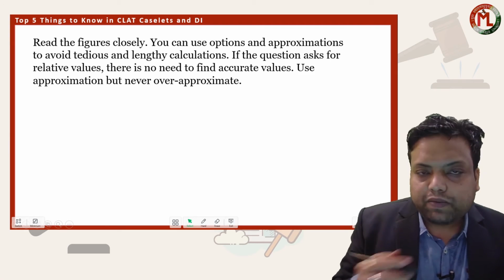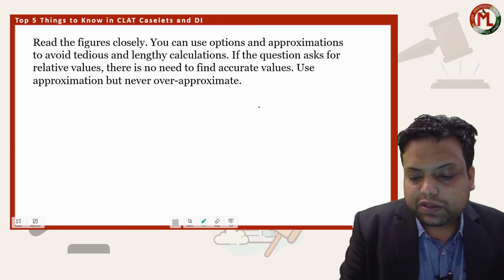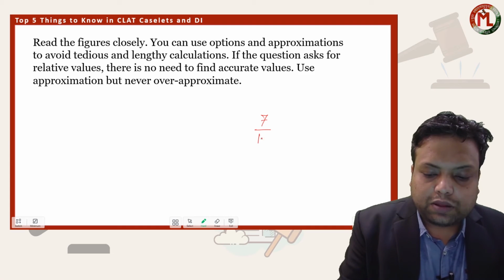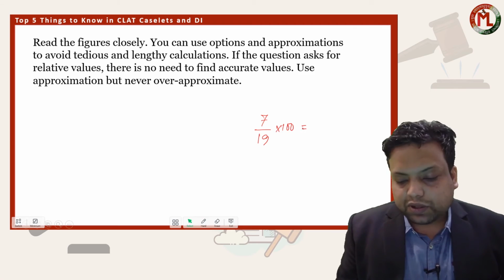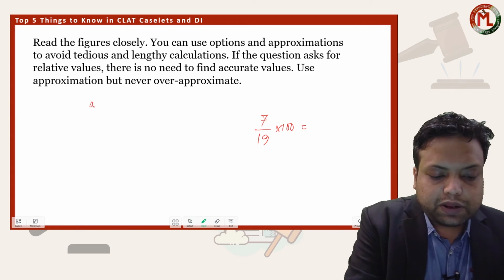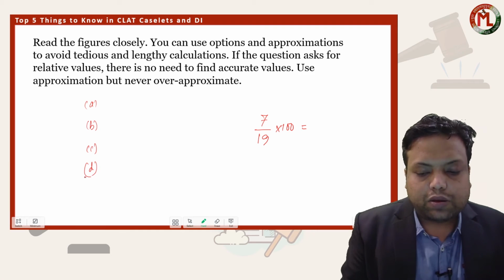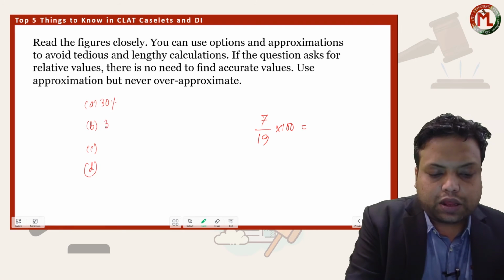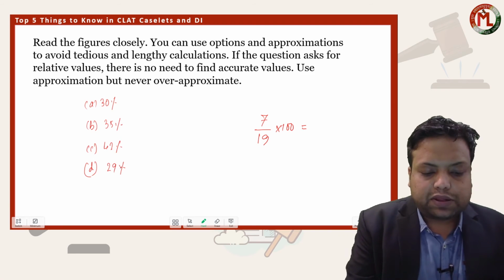Say, for example, suppose this calculation is given to you, and various options are given, options A, B, C, D. One option is 30%, another is 35%, another is 42%, and another is 29%.